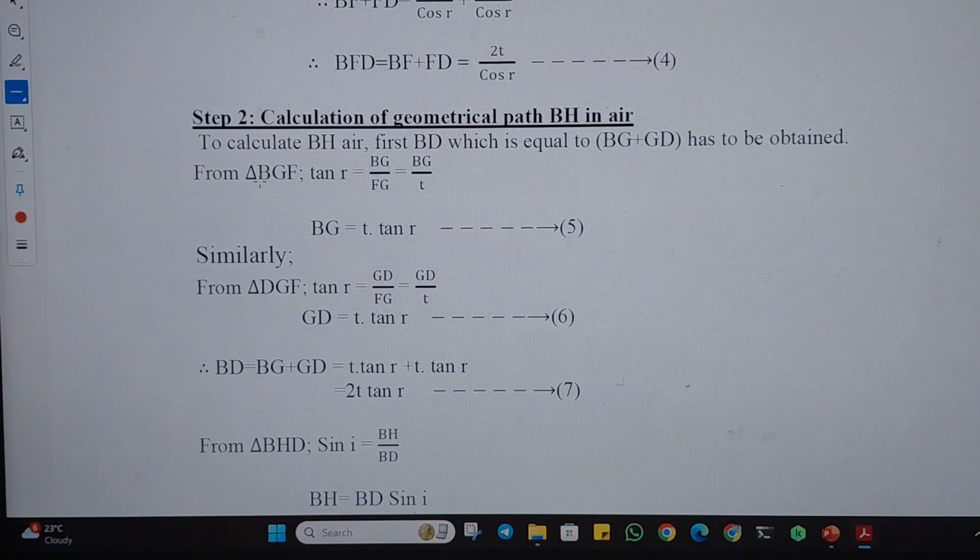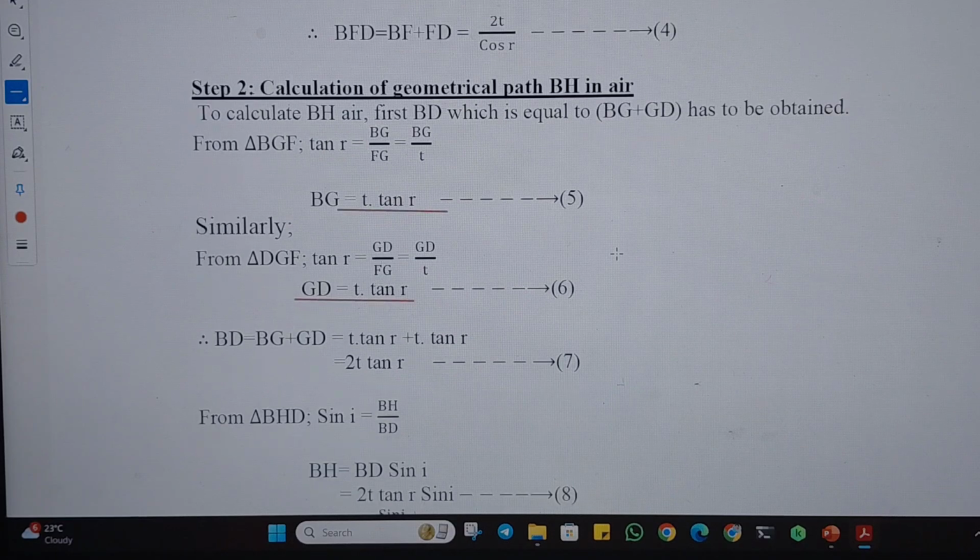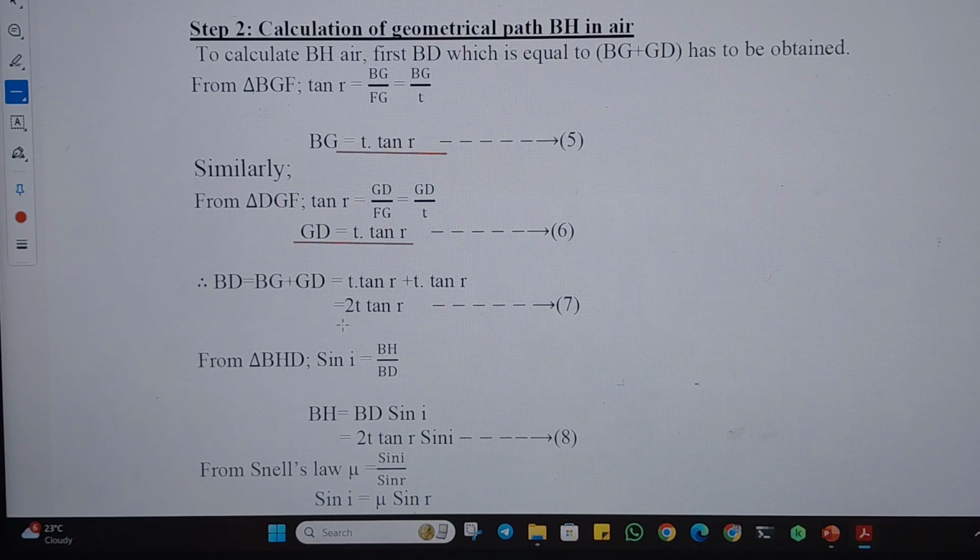From triangle BGF, that will be tan R. We can take BG, that is T into tan R, where T is the thickness here. Similarly, GD will be T into tan R. Then we add both, that is 2T tan R.